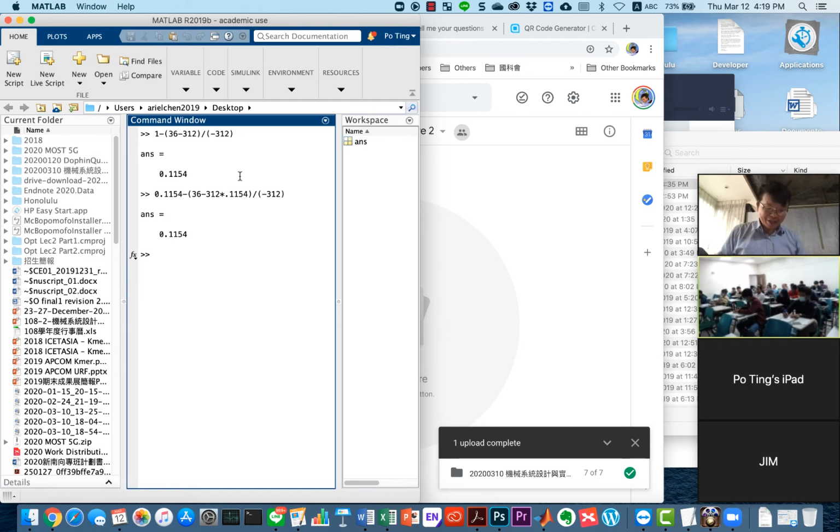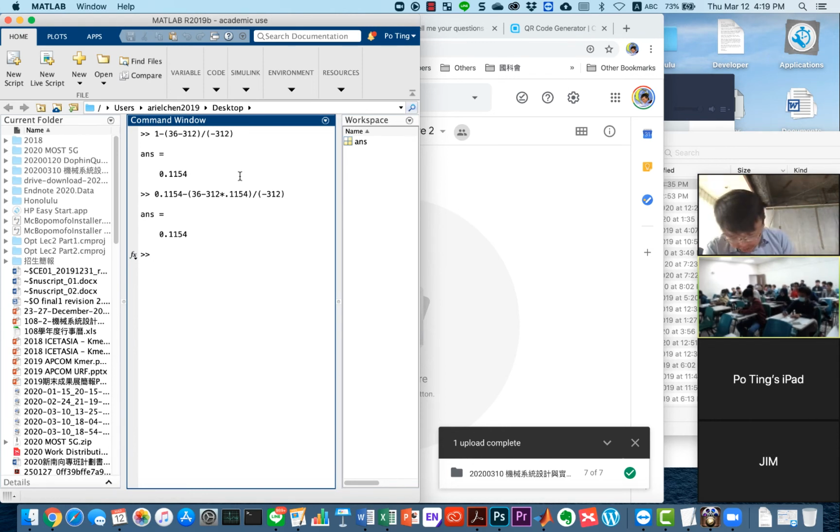Newton's method can get the solution in 2 iterations. So the convergence check tells you, oh, this is 0. So my optimal should be the last solution, which is 0.1154.